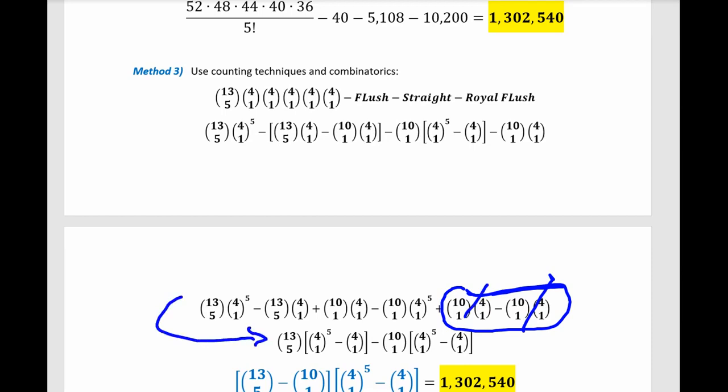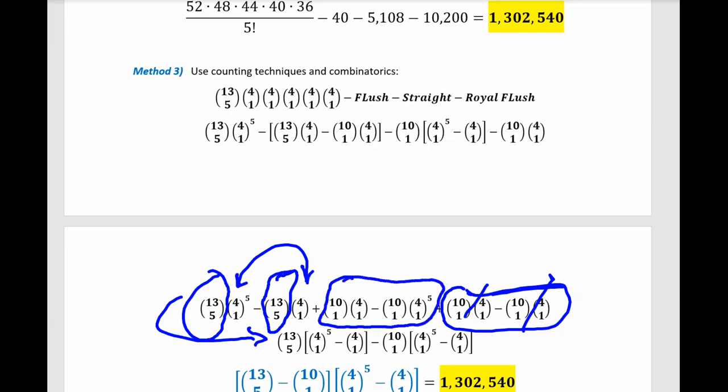And what I've done here is I've factored out 13 choose 5 from that expression, and that would simply bring these two together as one expression. And then from the last 2 terms, I factored out 10 choose 1, and that's what's in here.